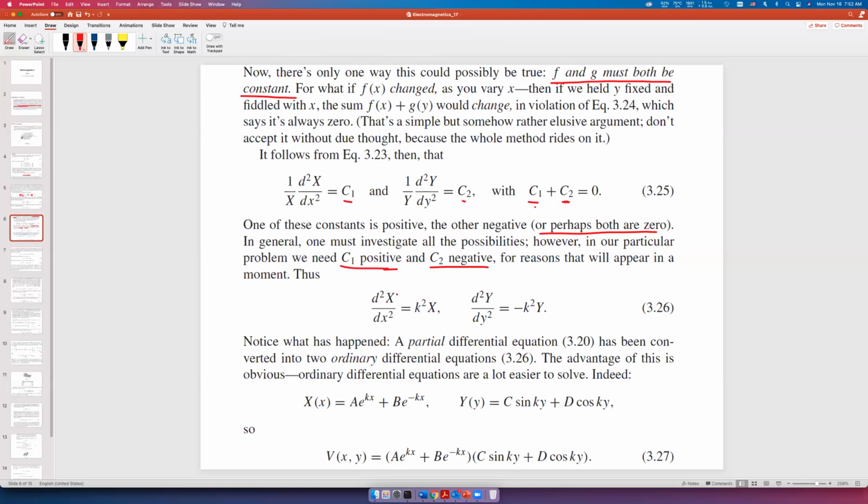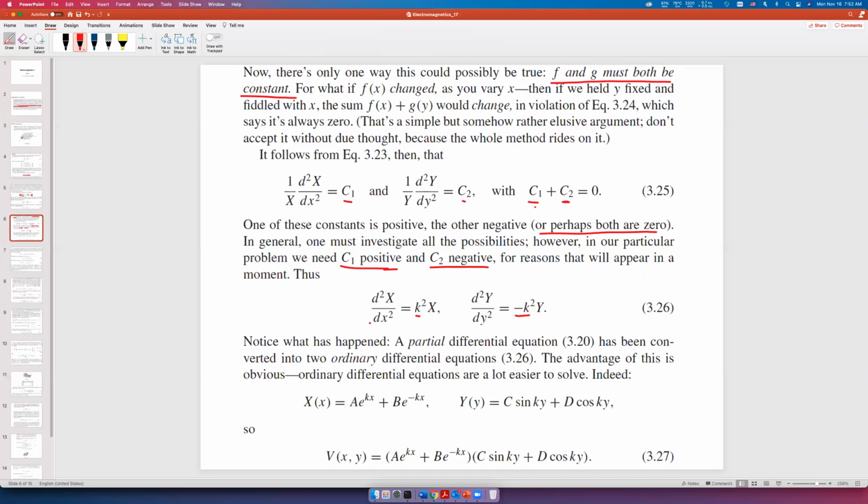And then you will have, let's say, d squared X over dx squared equals k squared X. K squared means the constant is positive, and for y it's negative k squared Y, so here it's a negative constant.